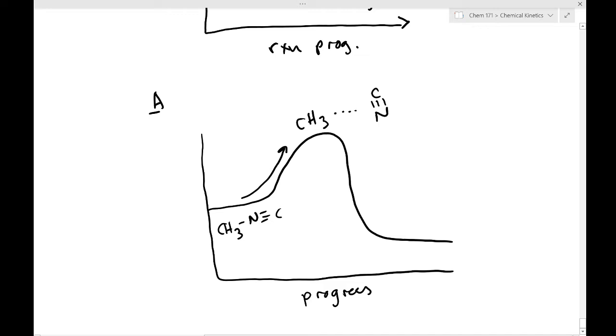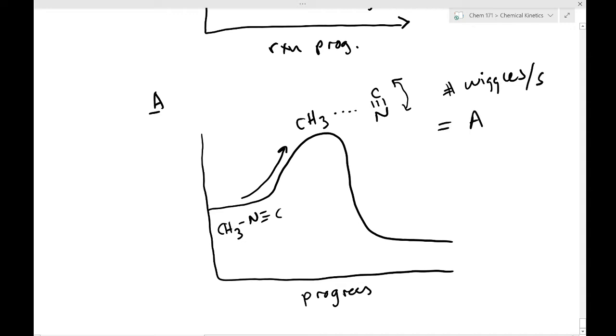There's some semi-bond between this methyl and this CN, and as you can see, this CN can wiggle back and forth in time, and the number of times that it wiggles, or attempts, per second is equal to A.